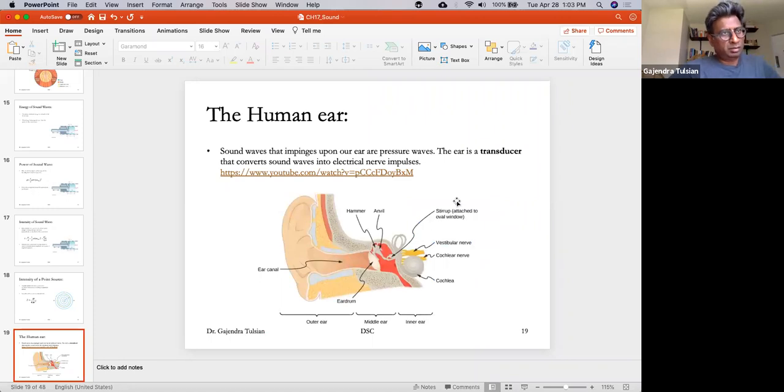Okay, so we are born with several transducers. Transducers are devices that convert one form of energy into another form of energy. Our ears convert mechanical energy into electrical energy. The sound waves that impinge upon our ears are pressure waves. The ear is a transducer that converts sound waves into electrical impulses, nerve impulses.